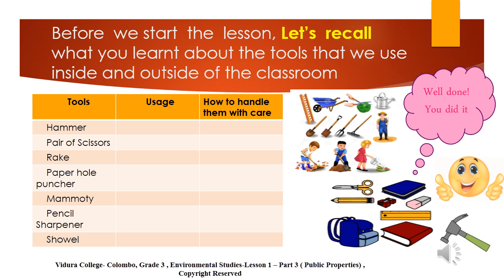Okay, now it's time to remind and write the answers. I hope that you will get the correct answer. Well done, you did it. Now it's time to start our today's lesson.